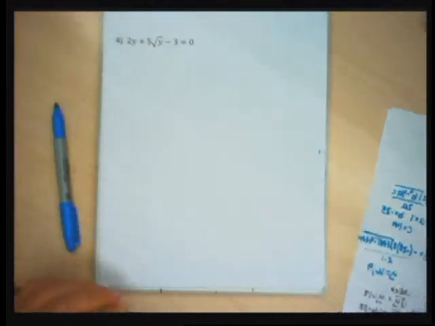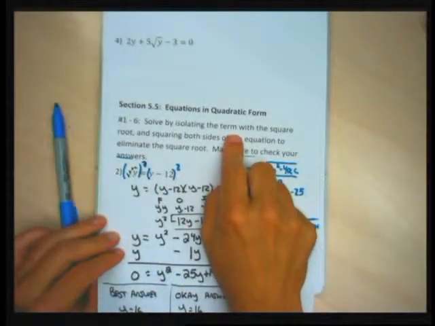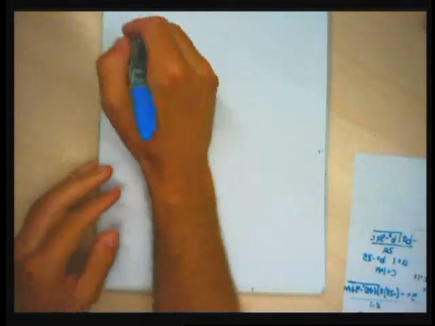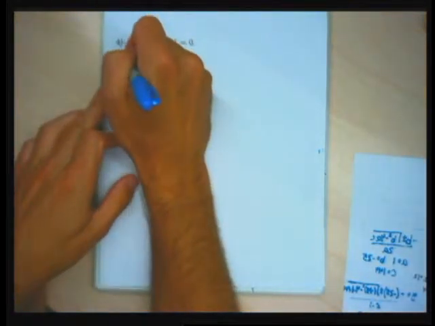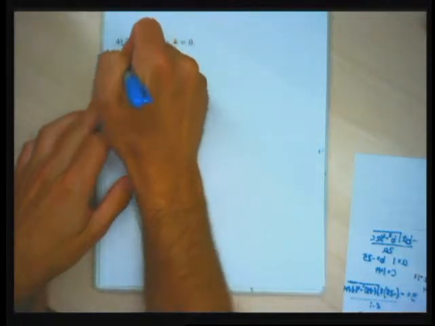In problem 4, my instructions say isolate the term with the square root. I'm going to do that first. I'm going to get the term with the square root to be the only thing on the left-hand side. So to make that happen, isolate the square root term first. I'm going to minus 2y and add 3 to get started.